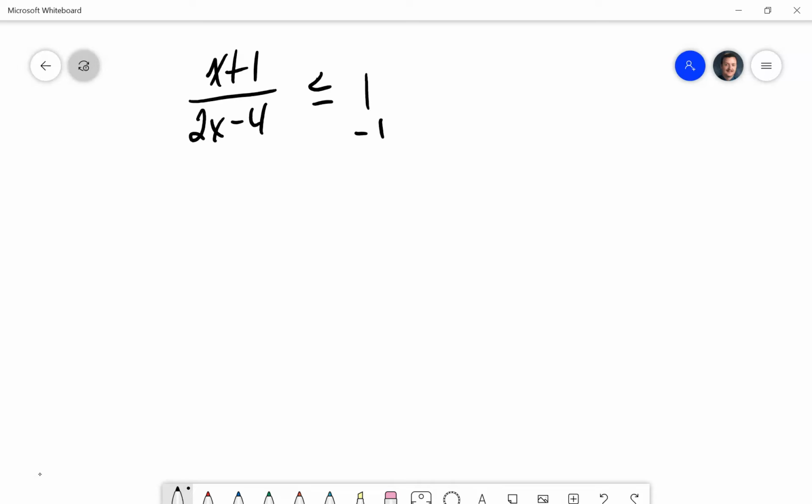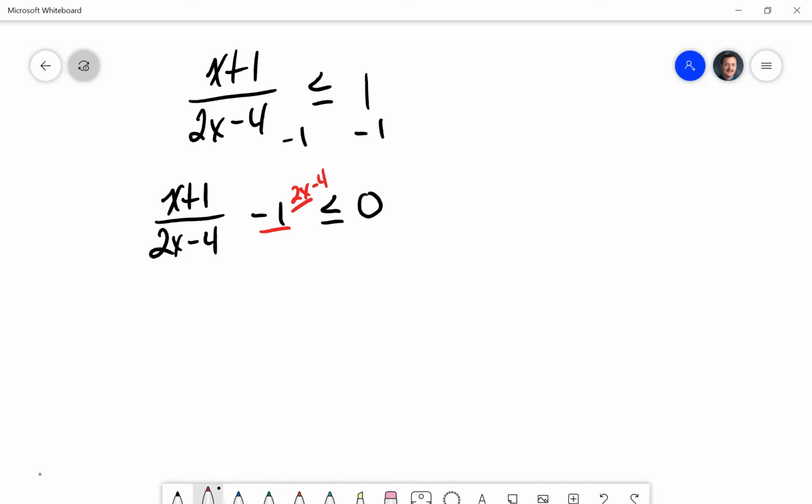All right, so to do that, I need to subtract 1 from both sides. And if we do that, then we're going to have (x plus 1) divided by (2x minus 4), minus 1, is less than or equal to 0. Now, I cannot just subtract those. Remember, to subtract or add, you have to have common denominators. So in that case, I need to multiply this one by that common denominator, 2x minus 4 on top and bottom, so that it would match this one.